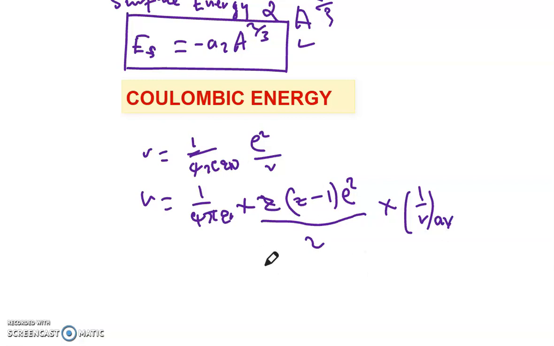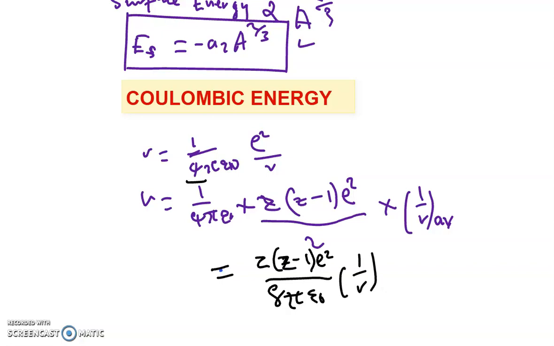So how do we get all this? If we do our simplification, this should be equal to Z into Z minus 1 multiplied by e squared, divided by 8 pi epsilon naught, into 1 all over R, which is the average energy.